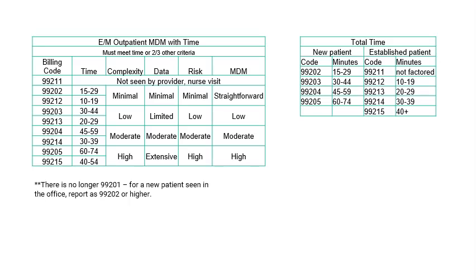And I can't emphasize enough how easy it is to undervalue and undercode the level of medical decision making, the level of skill you're using, the risk involved with the patient encounter.